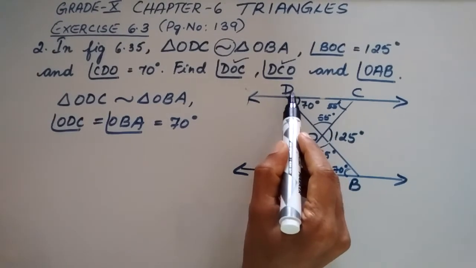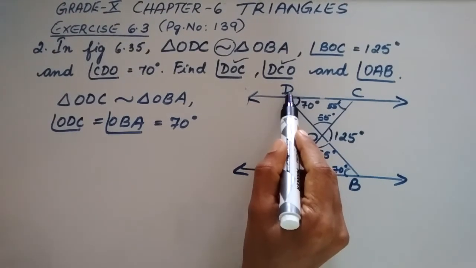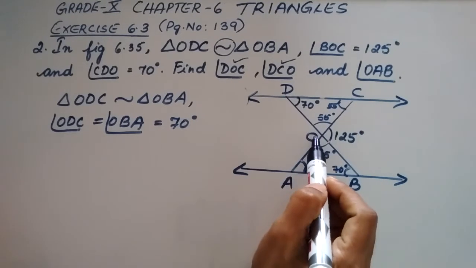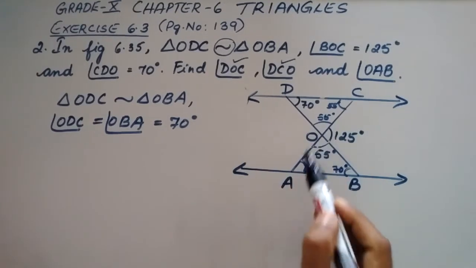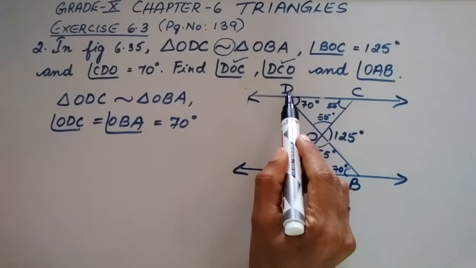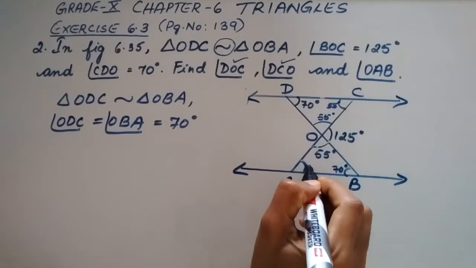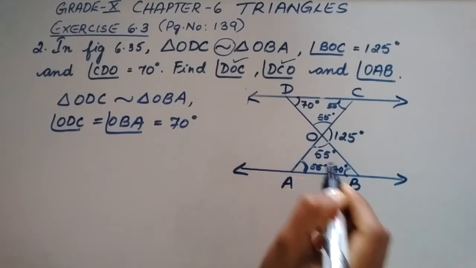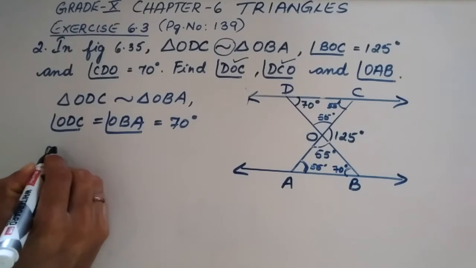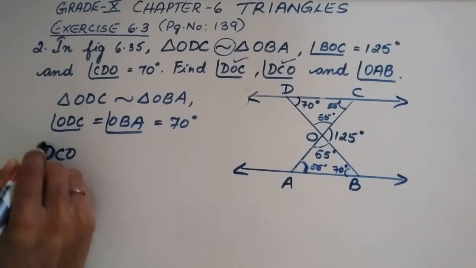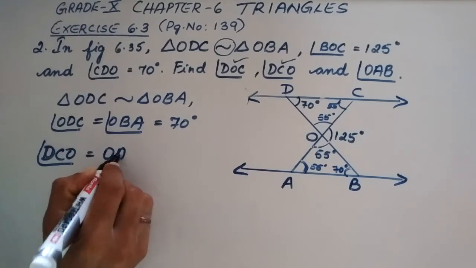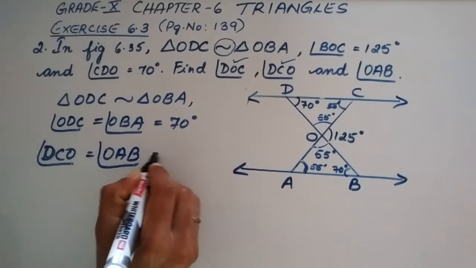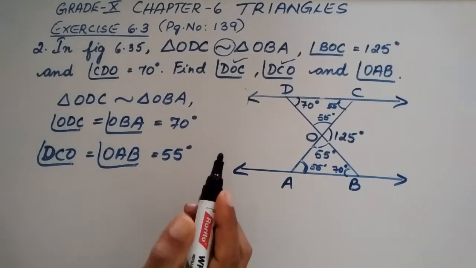Now, what about these angles? Angle DCO will be equal to angle OAB. Now, what is angle DCO? It is 55 degree. So, even this will be 55 degree. Angle DCO is equal to angle OAB equals 55 degree.